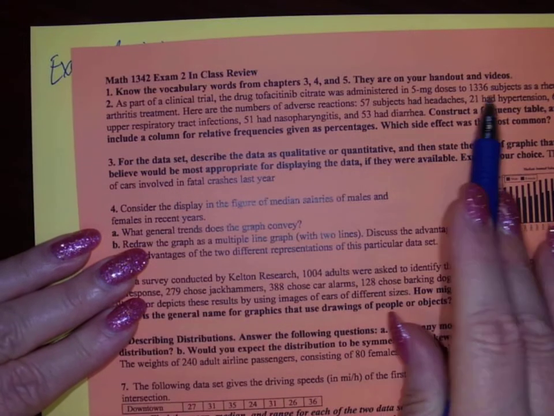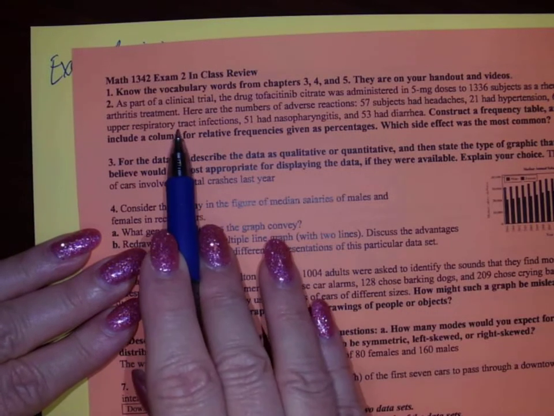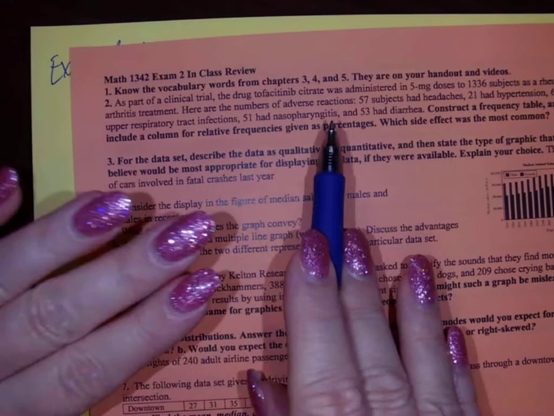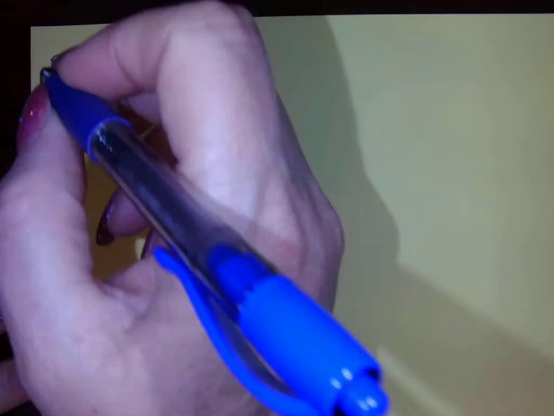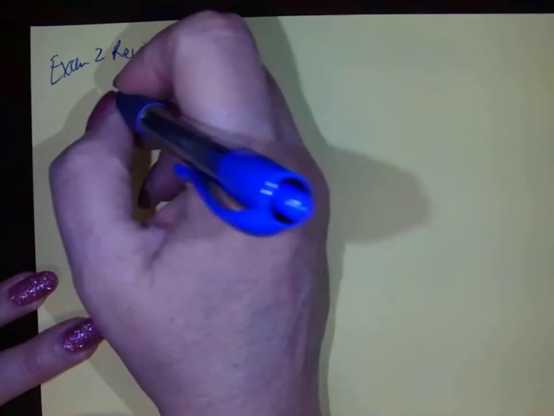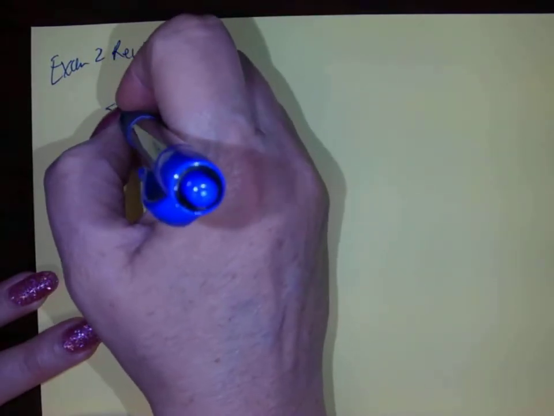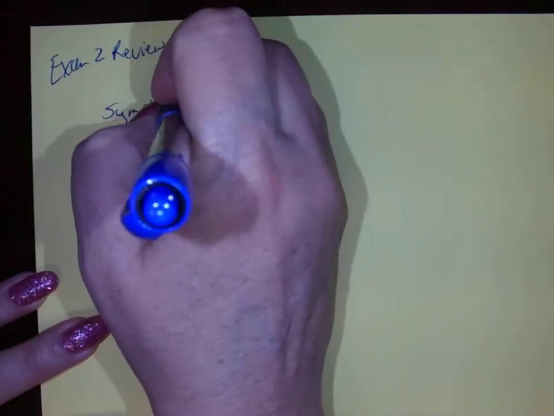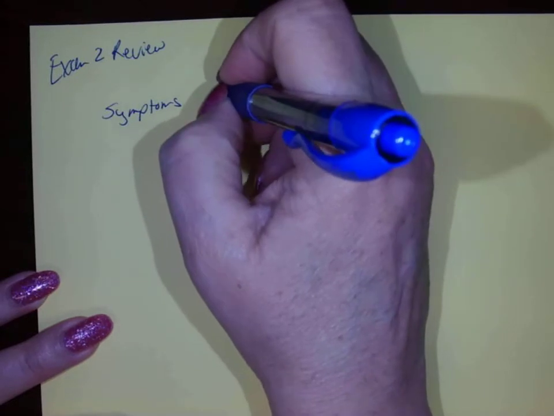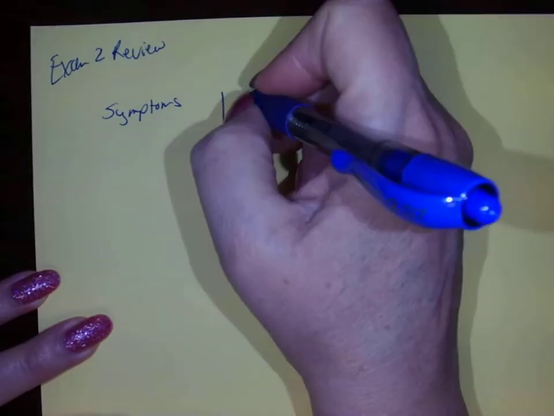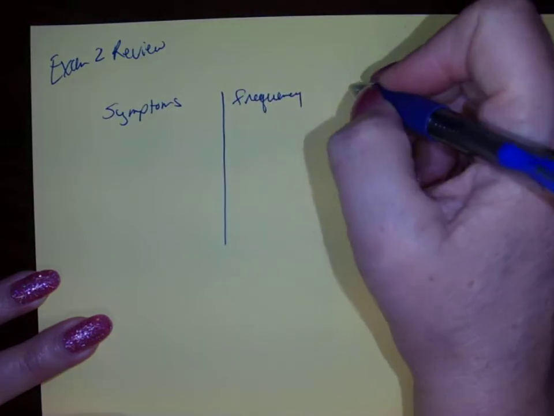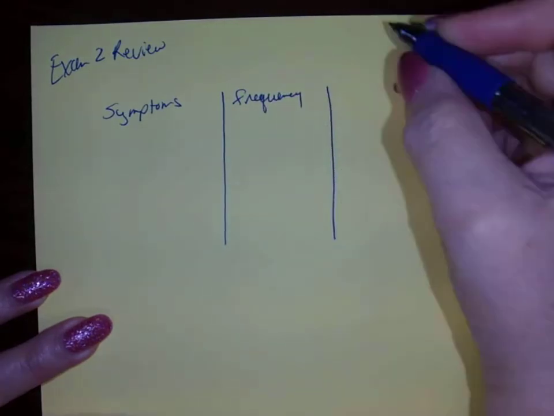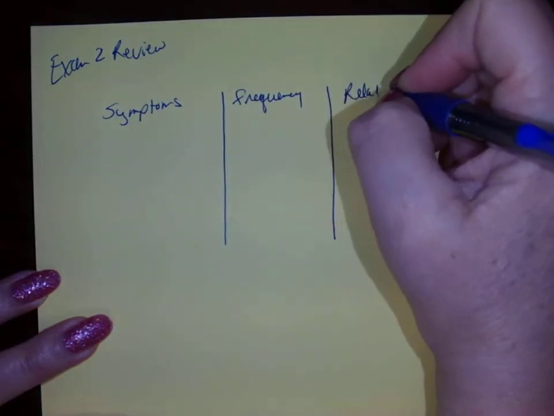Okay, so headaches, hypertension, upper respiratory tract infections, nasopharyngitis, and diarrhea. So we've got 5 symptoms. So we're going to have our category of symptoms. Make sure I leave enough room because we've got some big words. And then we'll have our frequency. And then we will have our relative frequency.